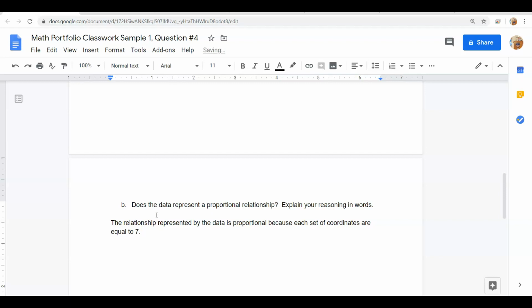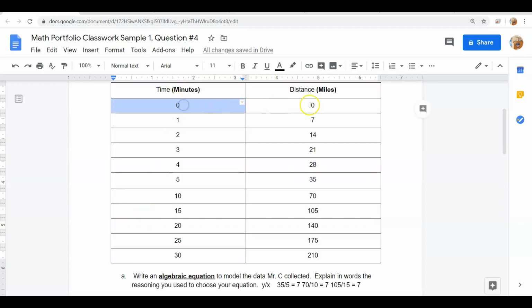Also, you could explain it a different way. The relationship represented by the data is proportional because the equation would pass through the origin, because when x is 0, come on class, y is, let's see, 0.